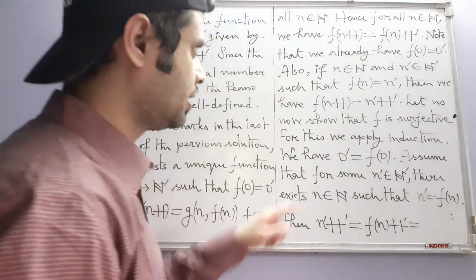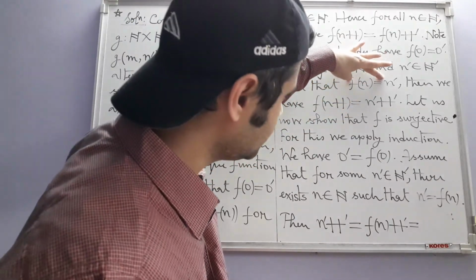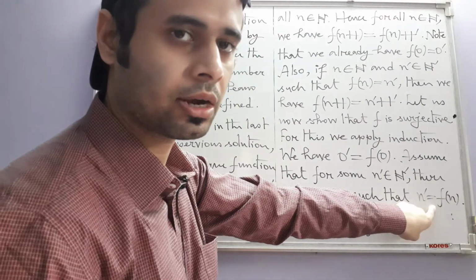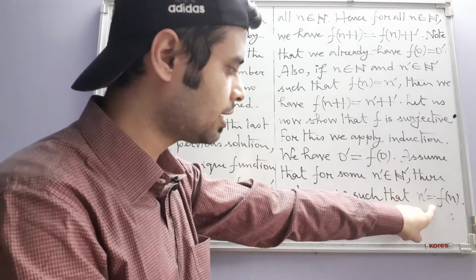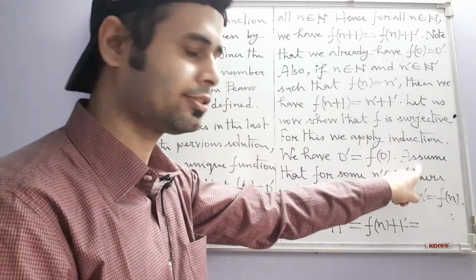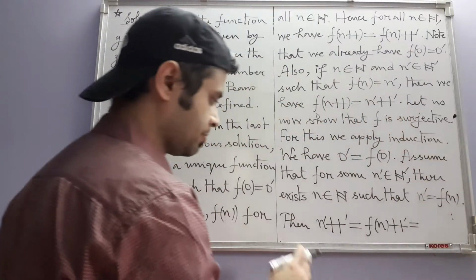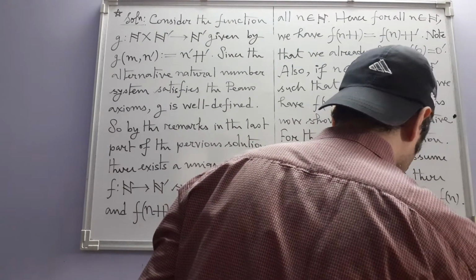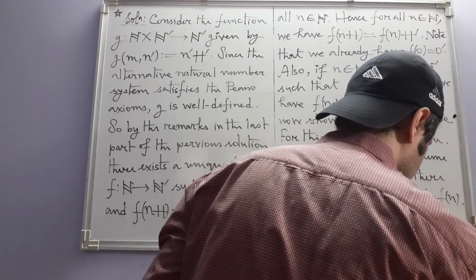Keep in mind here what we have proved. If this is true, then this is true. So we have this true, according to our induction hypothesis, whatever we are assuming here is the induction hypothesis. So this is true, and this is nothing but f of n plus plus.